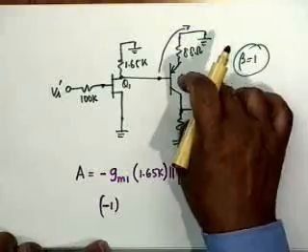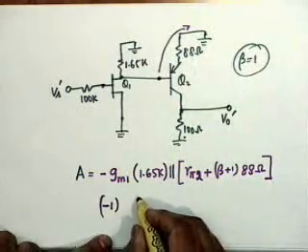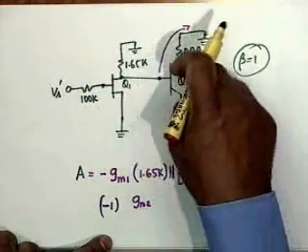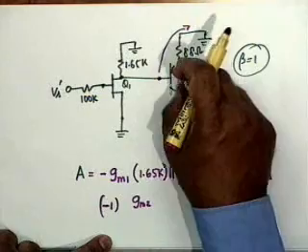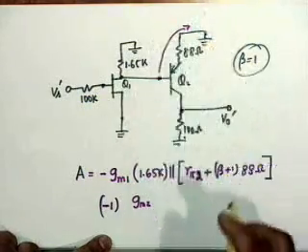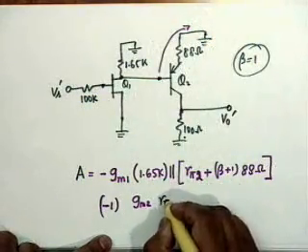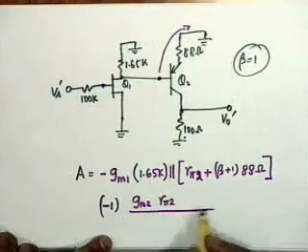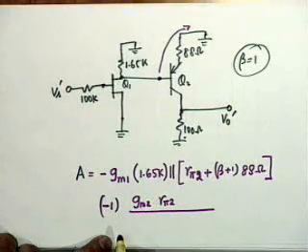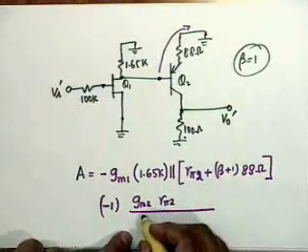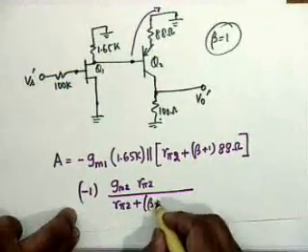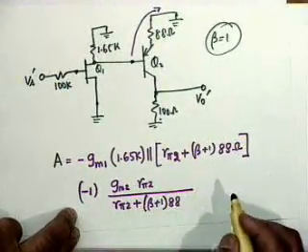For the second stage, Q2, it would be minus Gm2 times V pi 2, which would be R pi 2 divided by R pi 2 plus beta plus 1 times 88 ohms.